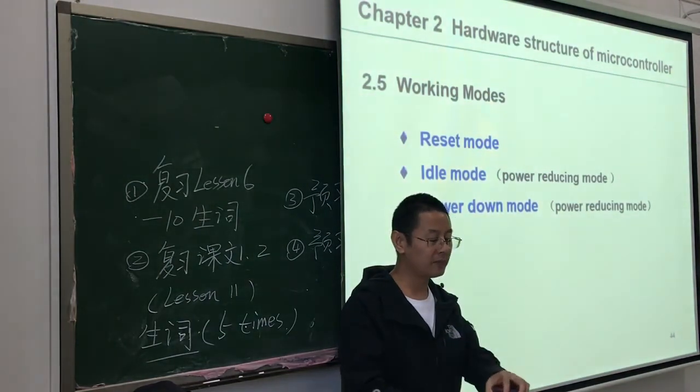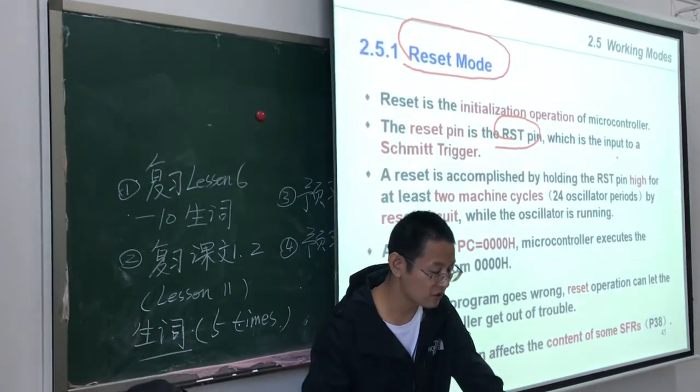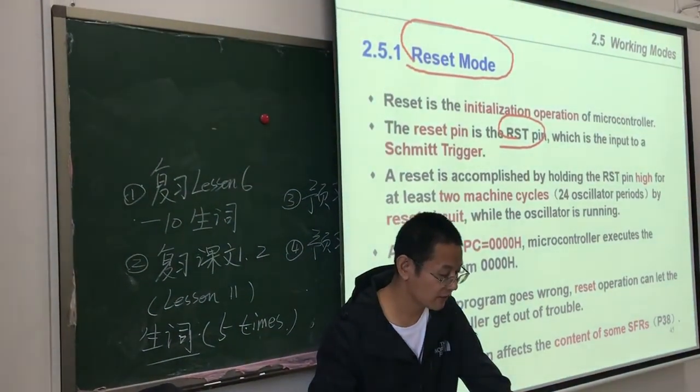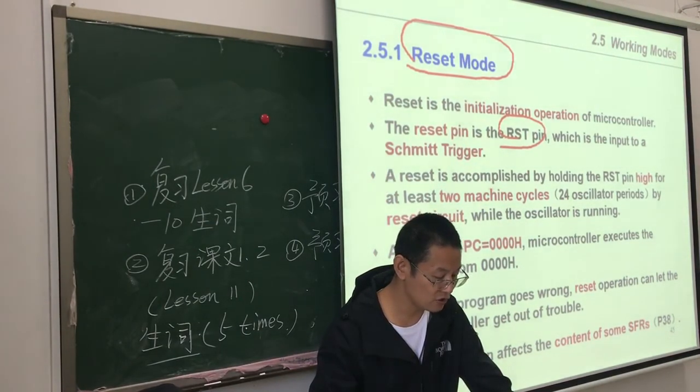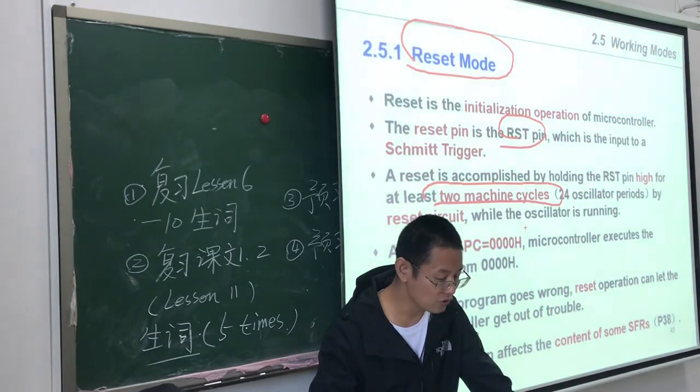The reset pin is the input to a Schmitt trigger. Reset is accomplished by holding the reset pin high for at least 2 machine cycles, while the oscillator is running.